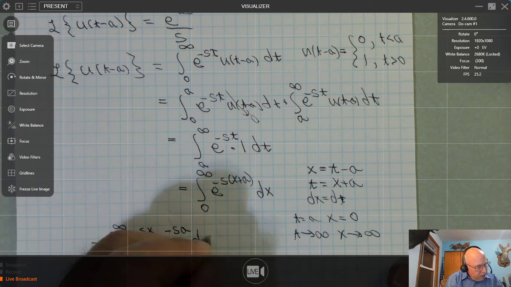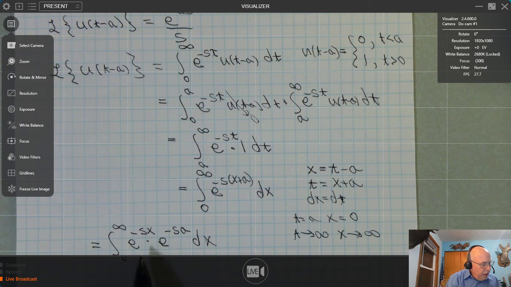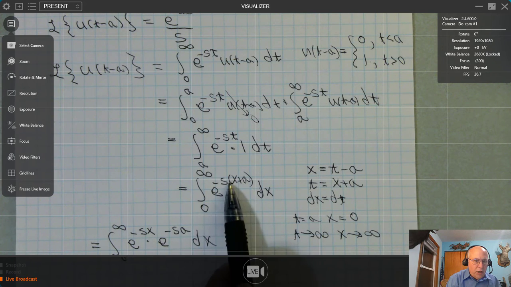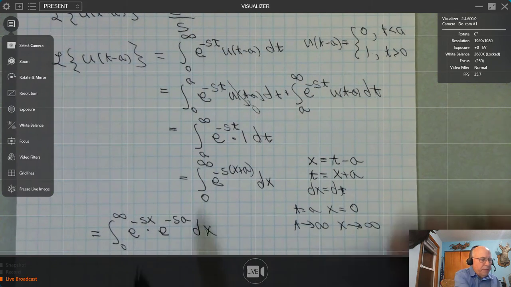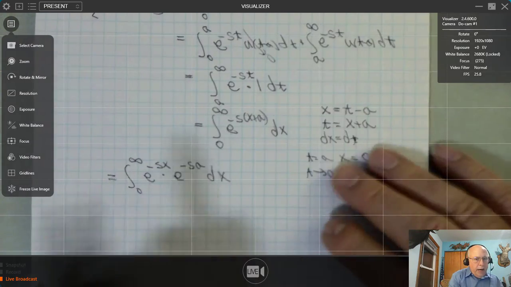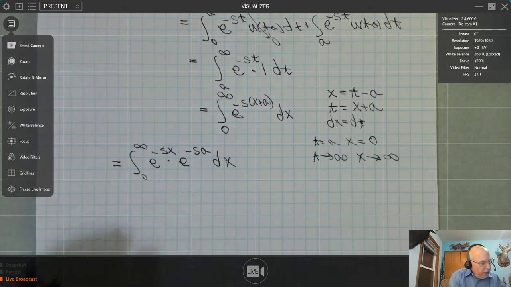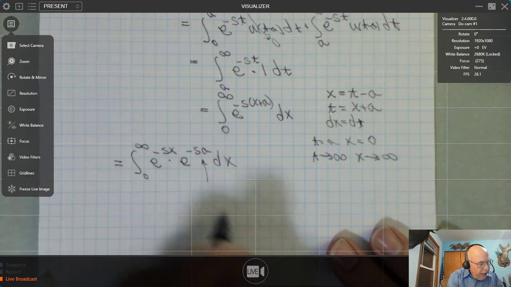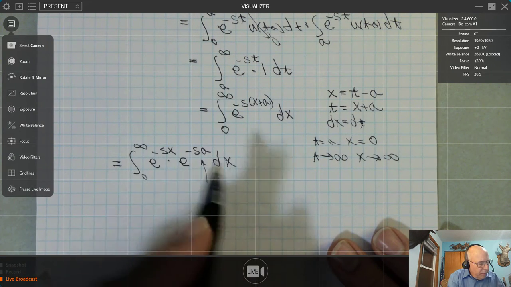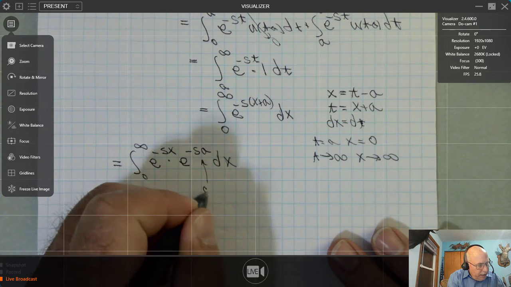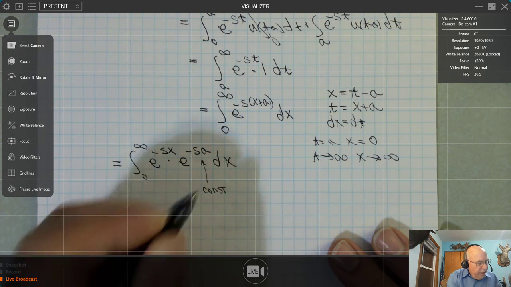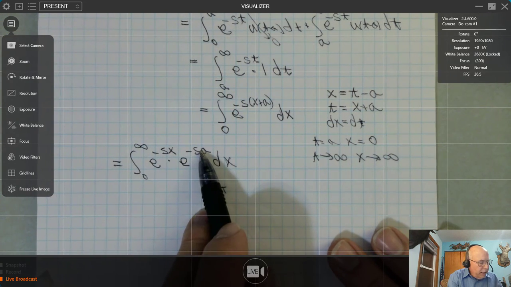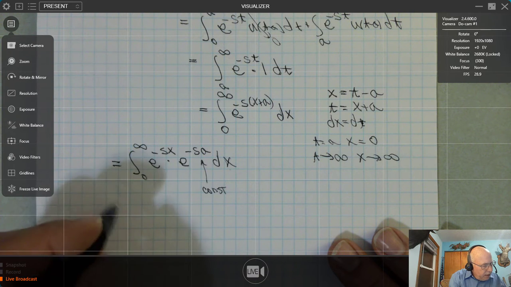So that's just a bit of algebra there. If we multiply these together, you'd have minus sx minus sa, and that, after all, is what you have here when you distribute. Okay, now notice we're integrating on x. x is the variable. This thing right here is constant, and therefore e to that is constant, and therefore you can just put that on the outside of the integral.